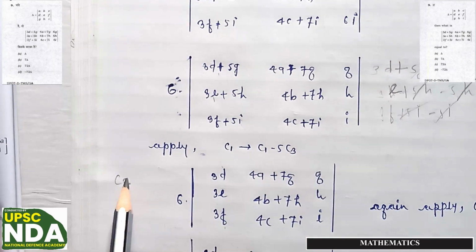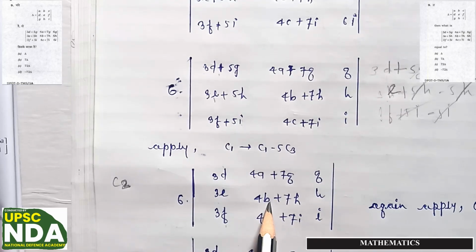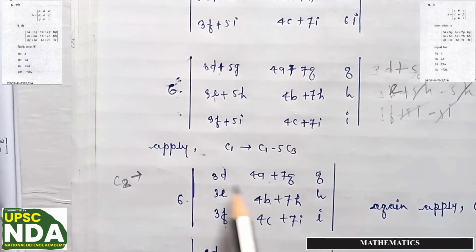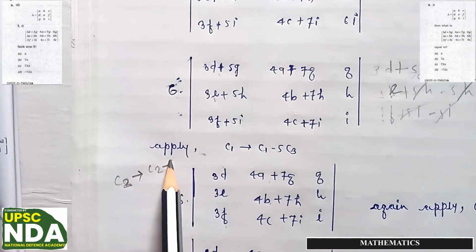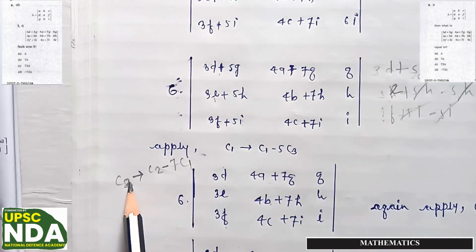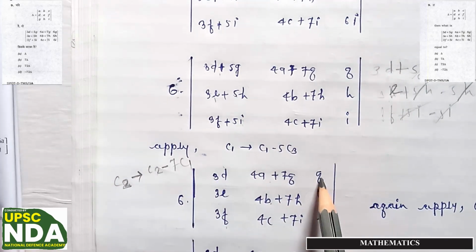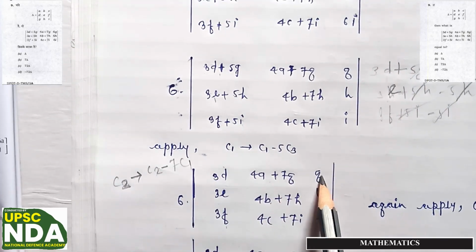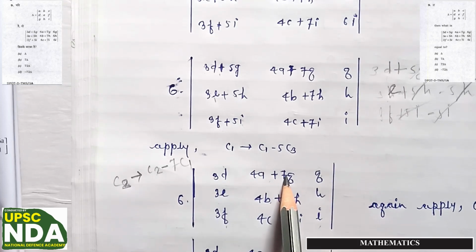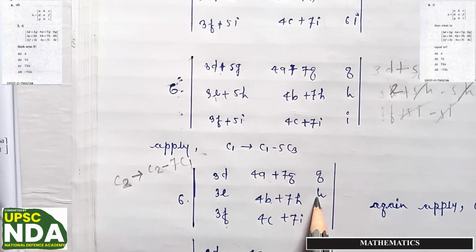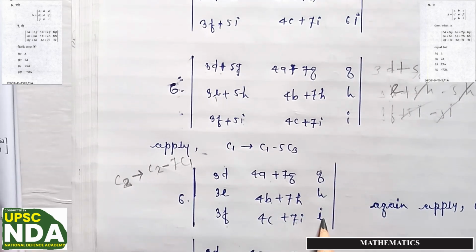We have to follow the operation on the second column, and the operation is C2 minus 7 times C1. So 7G minus 7G cancels, 7H minus 7H cancels, 7I minus 7I cancels.